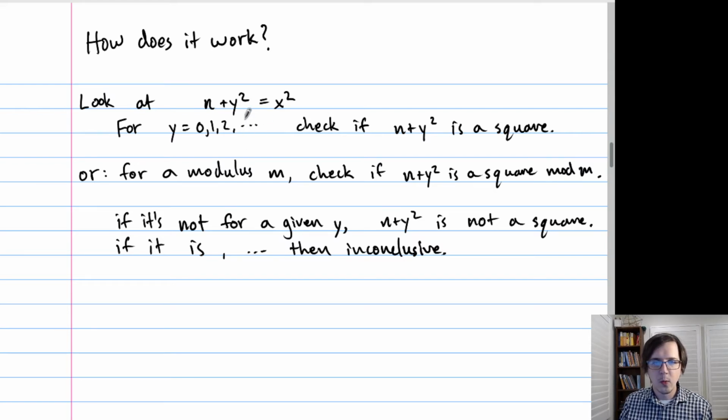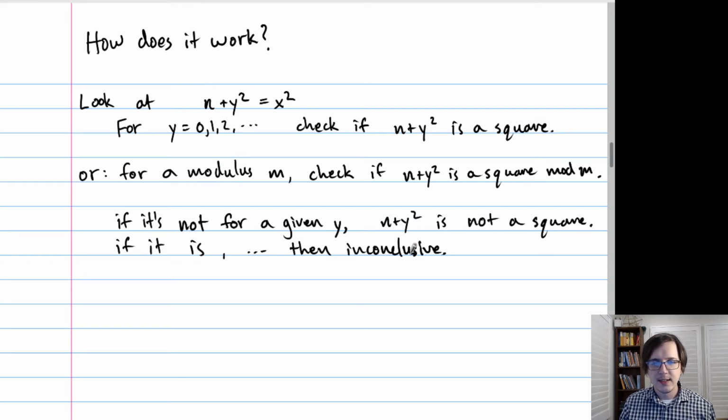So one observation is, okay, how do you really check if something is a square? Well, one way to do that is to check instead this equation mod m for some modulus. And so the question then is, mod m, is there a y such that n plus y squared is a quadratic residue?